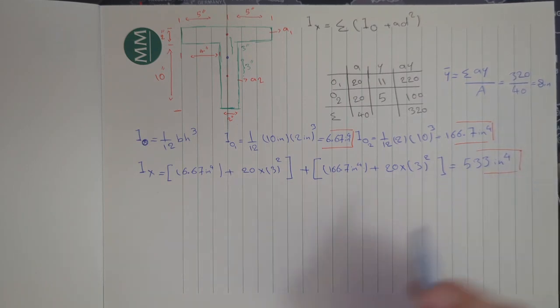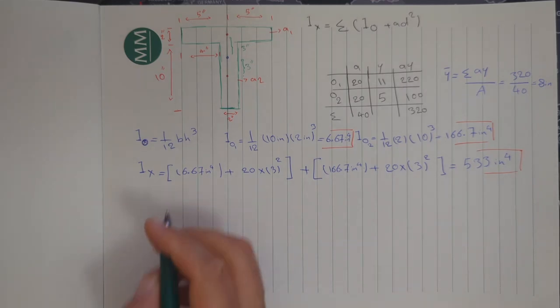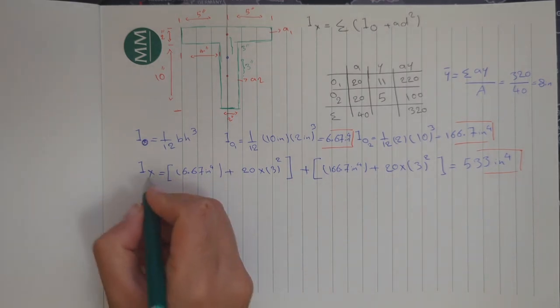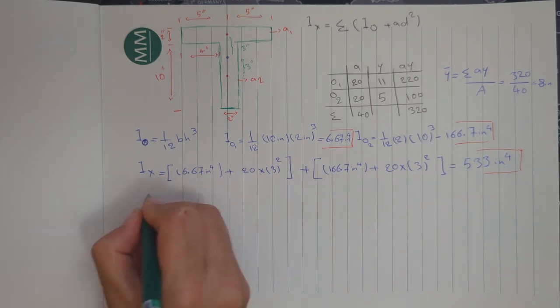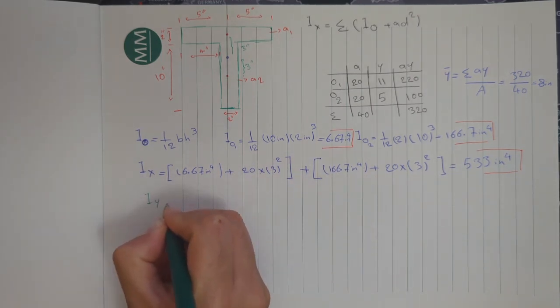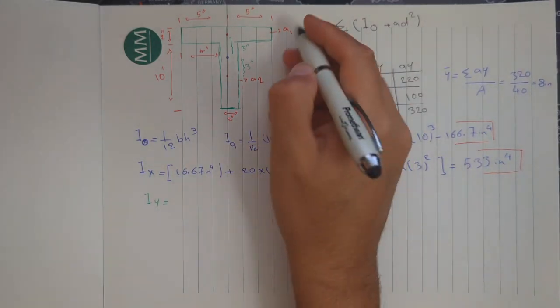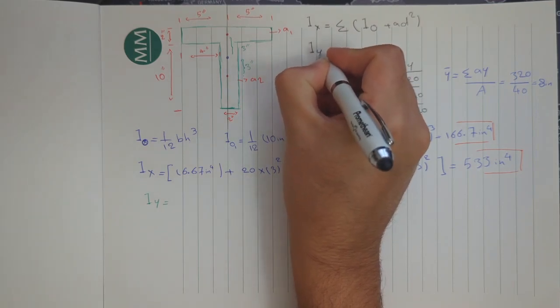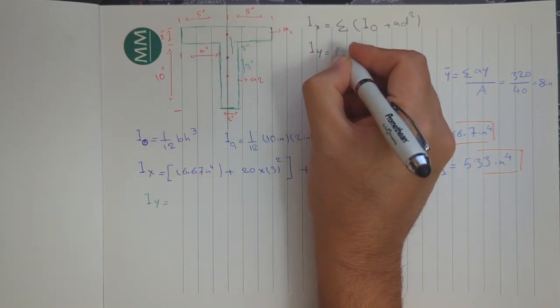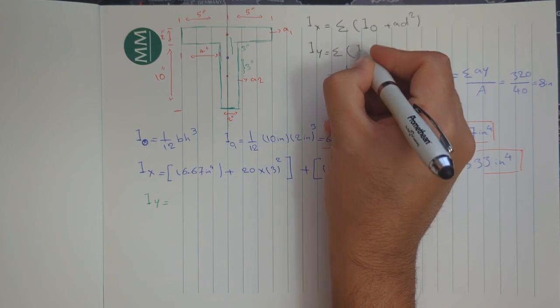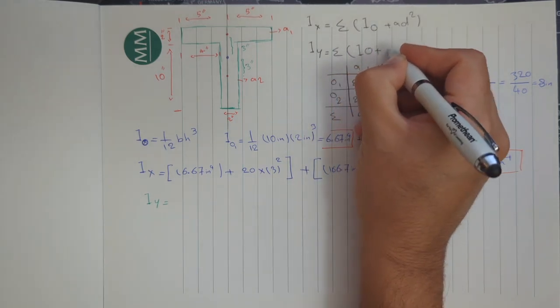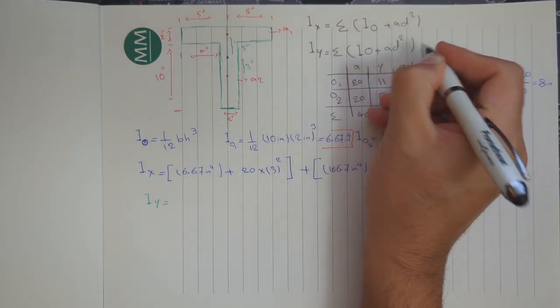Okay, now we have our Ix. Let's see how much is our Iy. Let me write it down with green. Iy, as we all know, Iy equals the sum of Io plus AD².